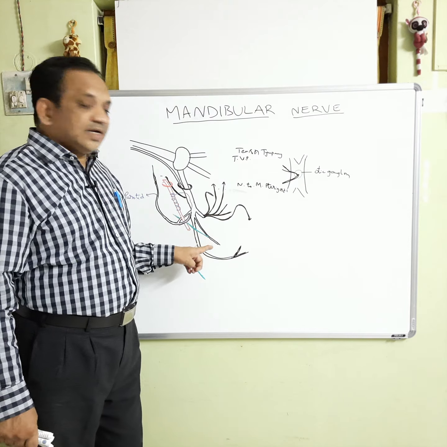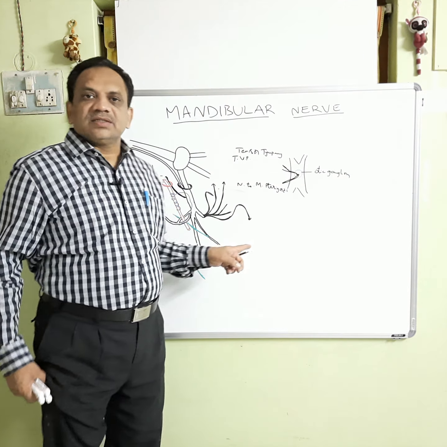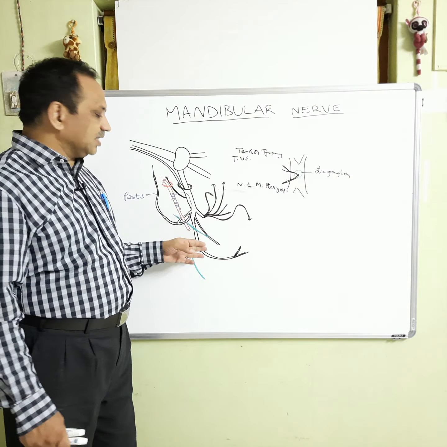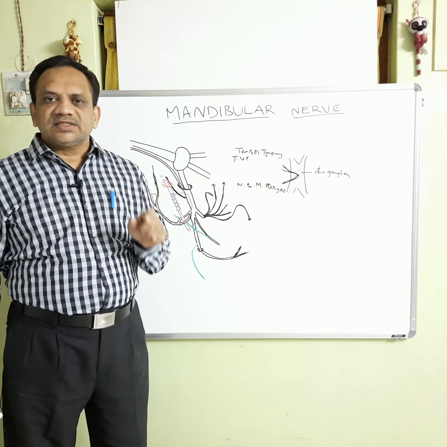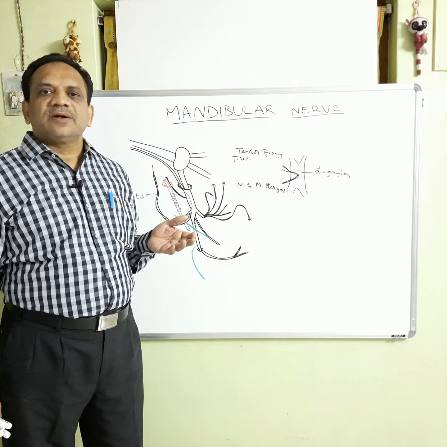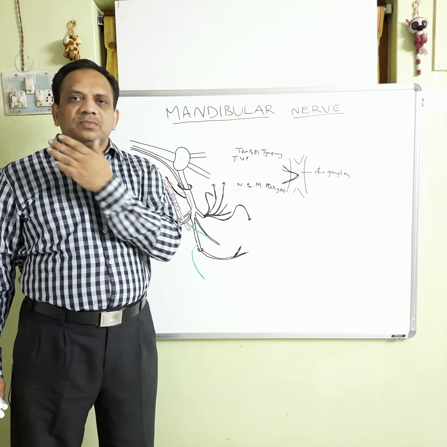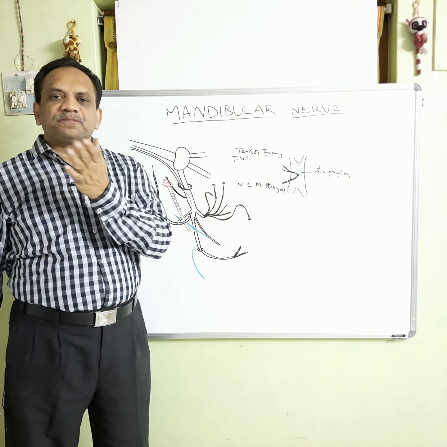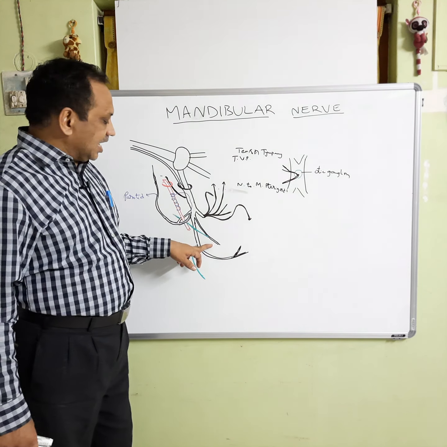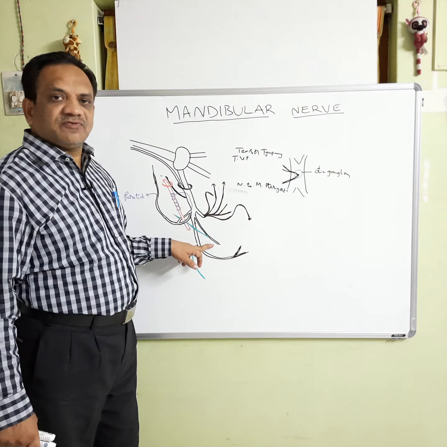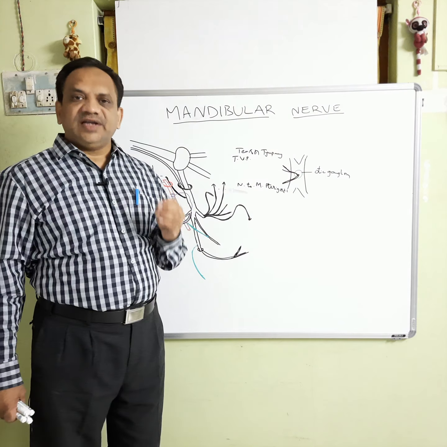It is a very important nerve in this infratemporal fossa because it carries fibers of general sensation from the tongue and the adjoining mucosa of the gums, and also it carries special fibers, the fibers of taste.